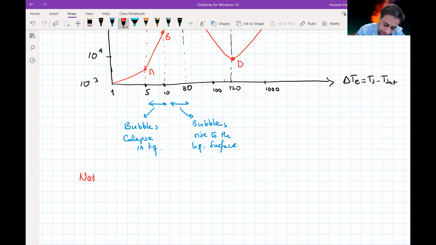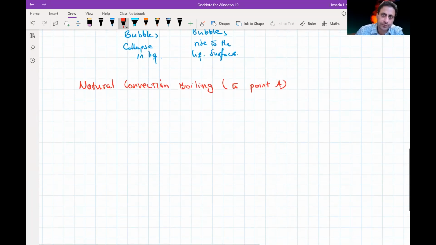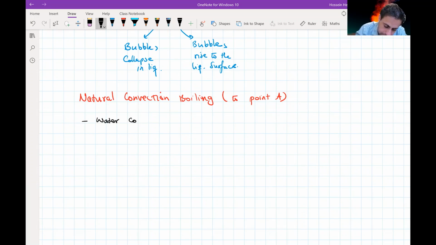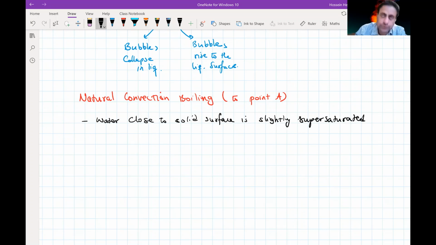So point A is natural convection boiling up to point A. In this natural convection boiling, the water close to the solid surface is slightly supersaturated and evaporates.